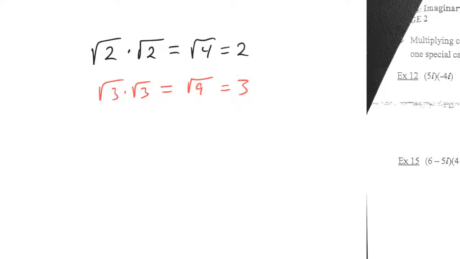And so what happens is that the square root of negative 1 times the square root of negative 1 is negative 1. For the same reason that the square root of 2 times the square root of 2 is 2, square root of 3 times square root of 3 is 3, square root of negative 1 times square root of negative 1 is negative 1. Now, remember that the square root of negative 1 is i.